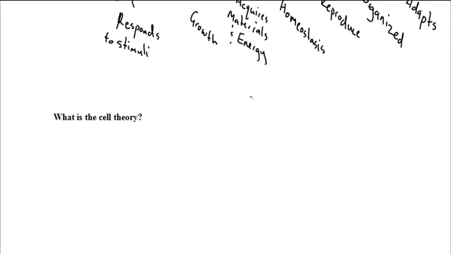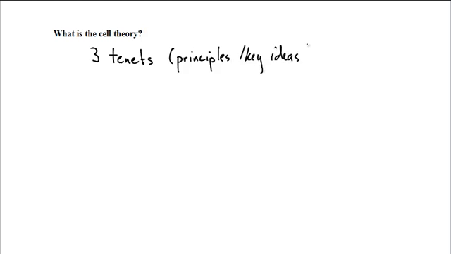So that leads us to what is cell theory. And basically the cell theory has three tenets. Or tenets is another word for saying principles, key ideas, or so-called truths.